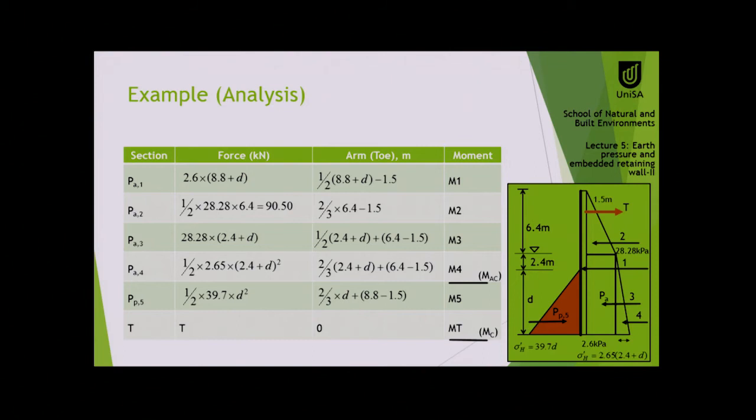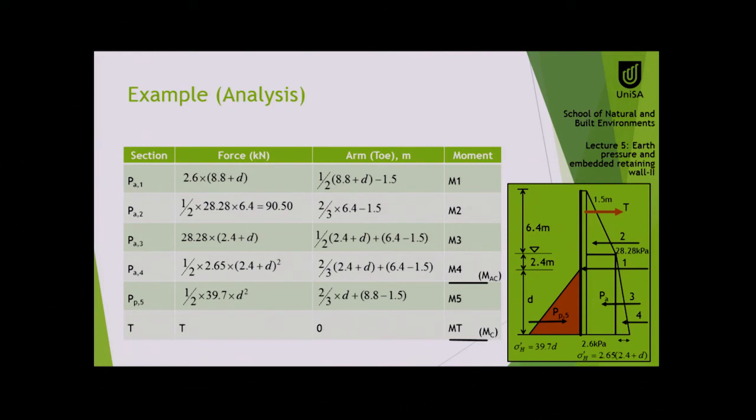Very good. The only remaining thing is this one, P4. P4 is the magnitude over here, you can see 2.65 times 2.4 plus d times height. Height is exactly the same, 2.4 plus d.